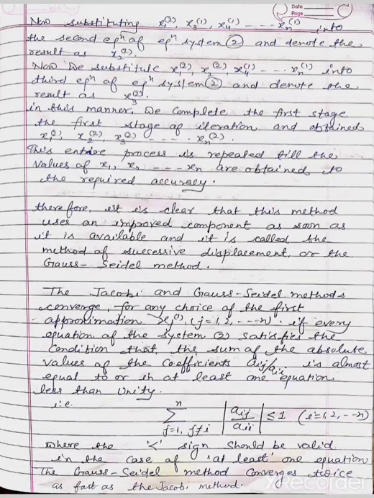So we get the second approximated value for x3, and in similar manner we get all the second approximations. In this manner we complete the first stage of iteration to obtain the second approximation.